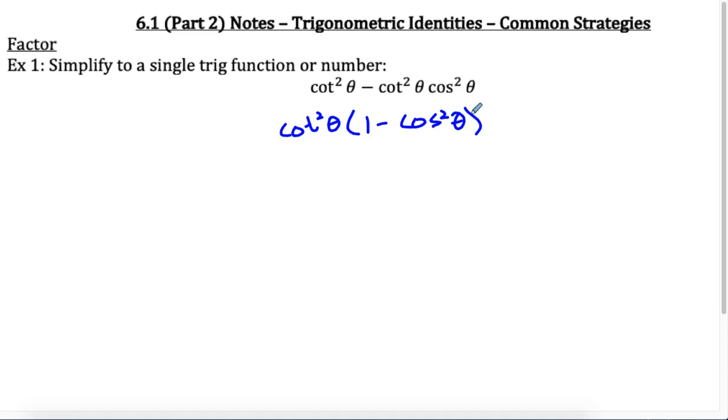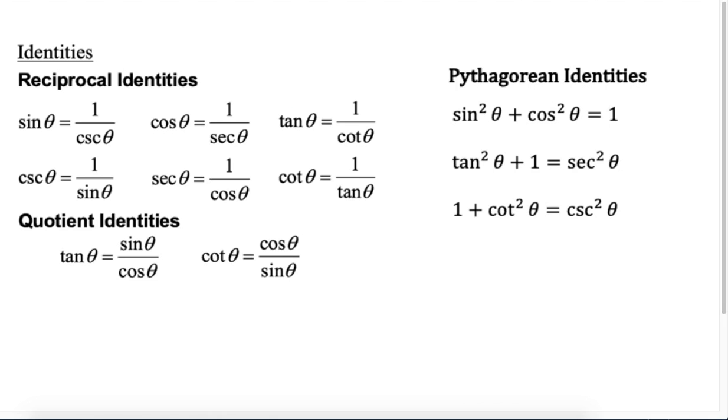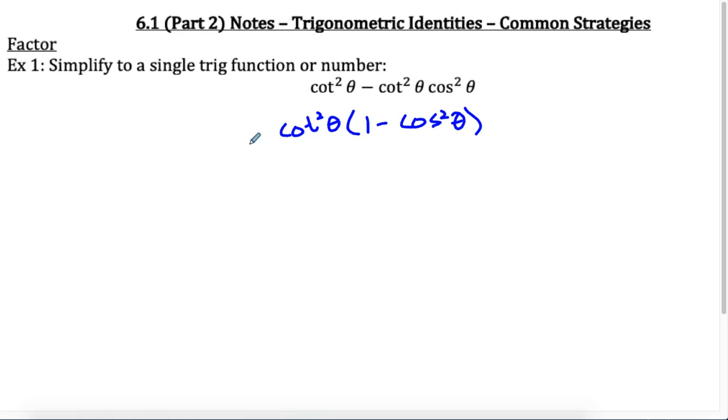Now, 1 minus cosine squared is a manipulation of one of our Pythagorean identities. If I were to subtract cosine squared over, I would have 1 minus cosine squared is equal to sine squared. So I can just make this cotangent squared times sine squared.